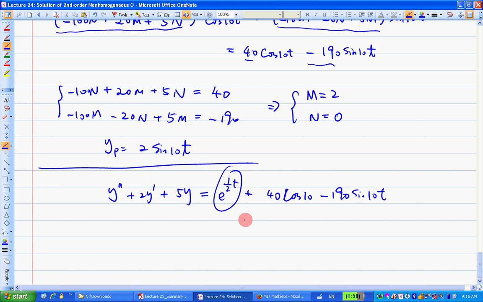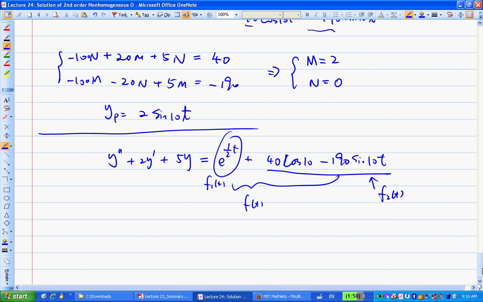So you have here this is your f of t, and this is your f1 of t, and this is your f2 of t, right? What we just solved is this equal to f2 of t. So when you have a situation like that, separate this differential equation into two parts.